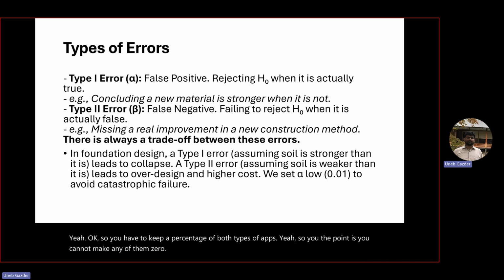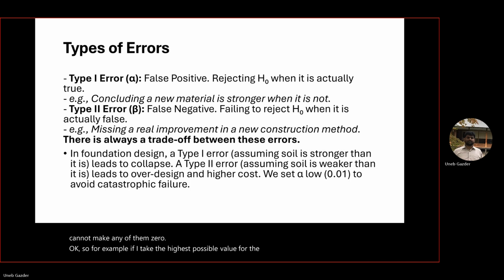So for example, if I take the highest possible value for the soil, I am making type 2 error 0. I'm assuming it's not weak. It's not weak at all. It's not weak compared to anything.